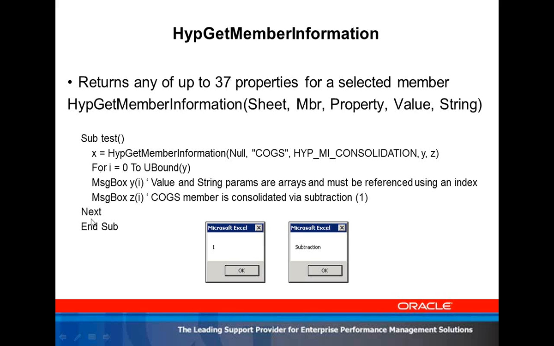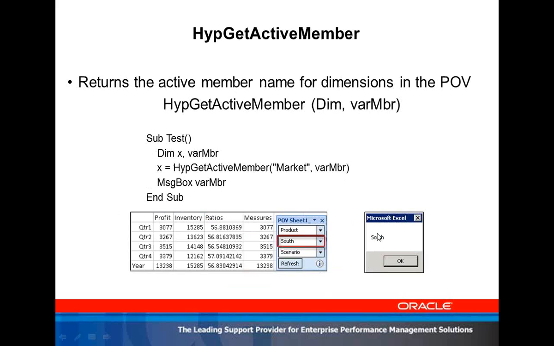And don't worry about this loop that says For and Next, but basically it's coming back and saying the value of that property, the consolidation property, is 1, and 1 happens to mean subtraction. But it says I'll also give you the string piece of information if you put that into another variable, which I did call z here, which says, yes, cost of goods sold is subtracted from whatever to produce the parent.